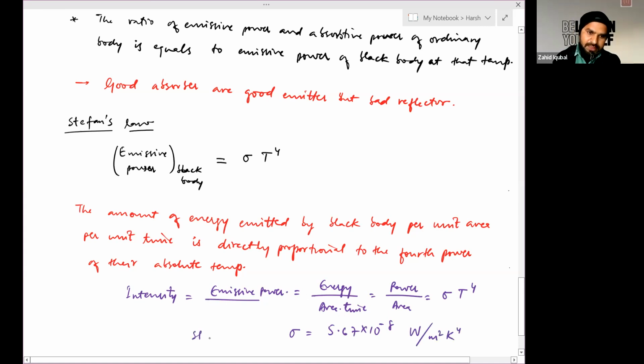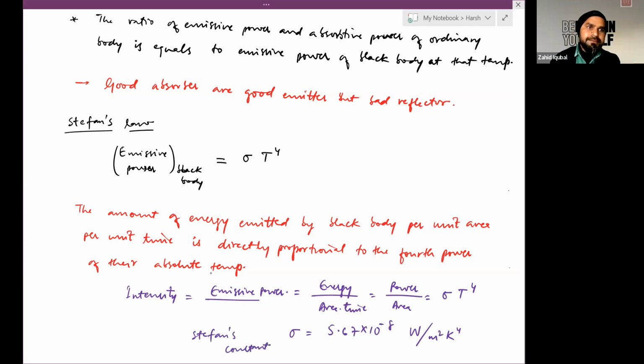This is called Stefan's constant. Is it clear?